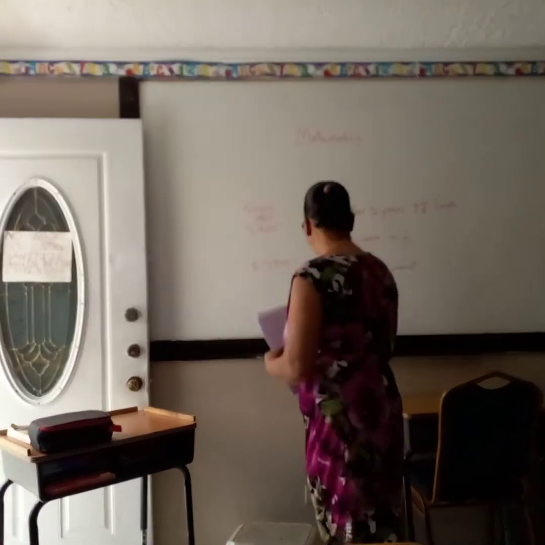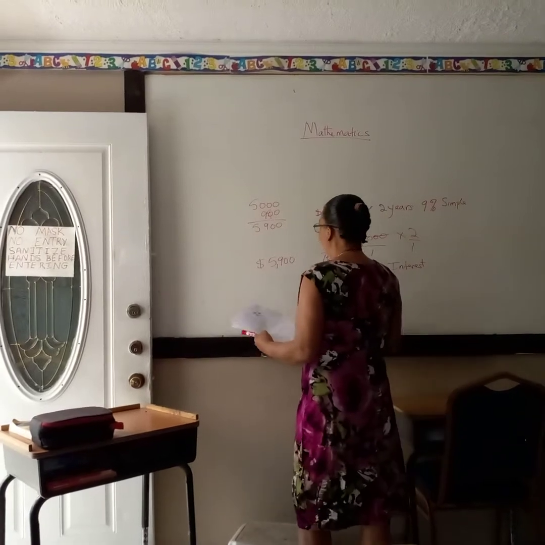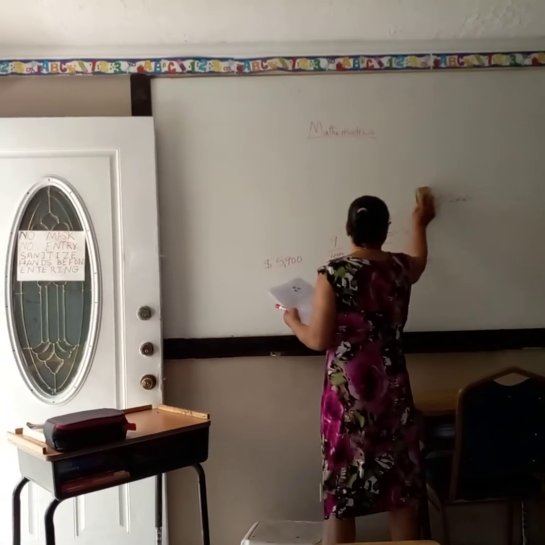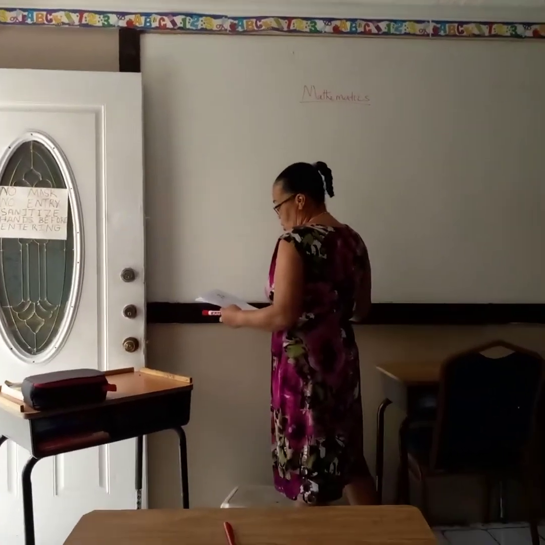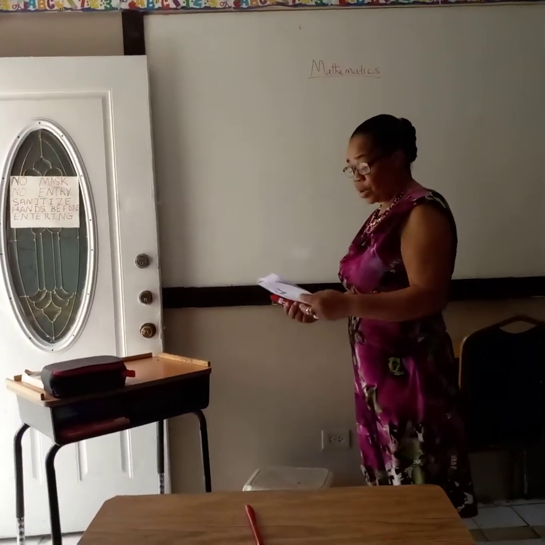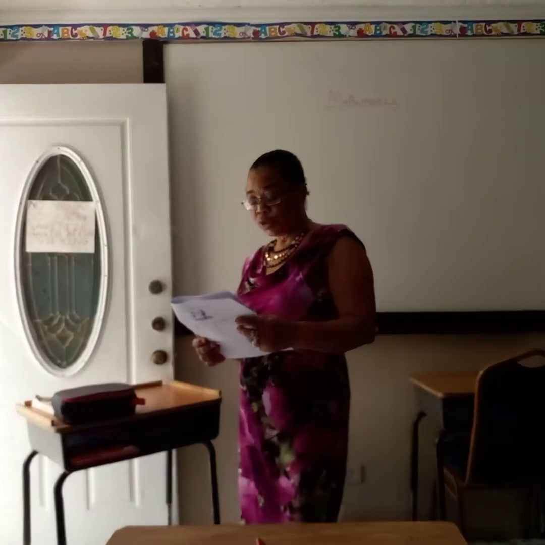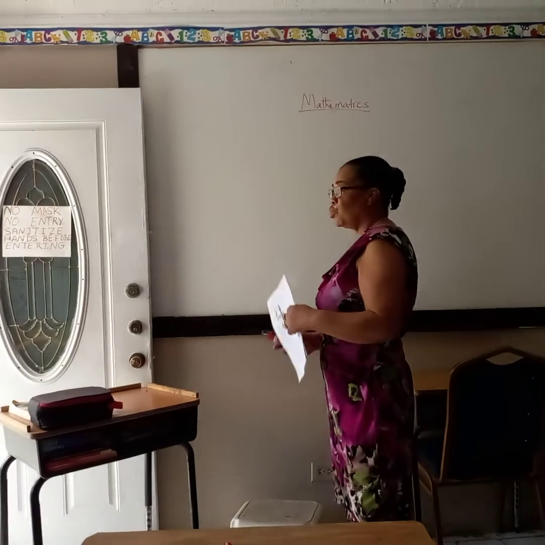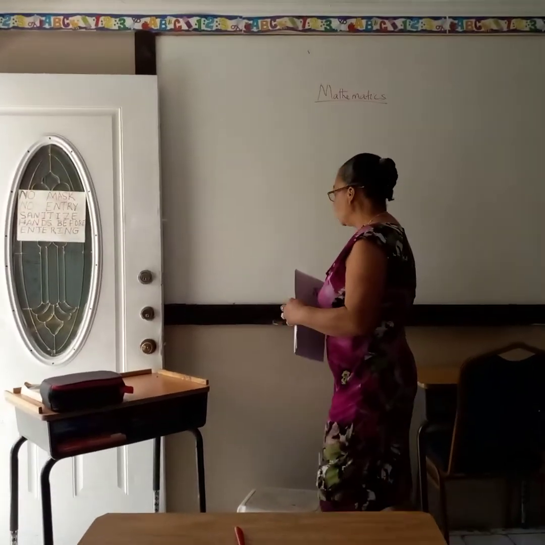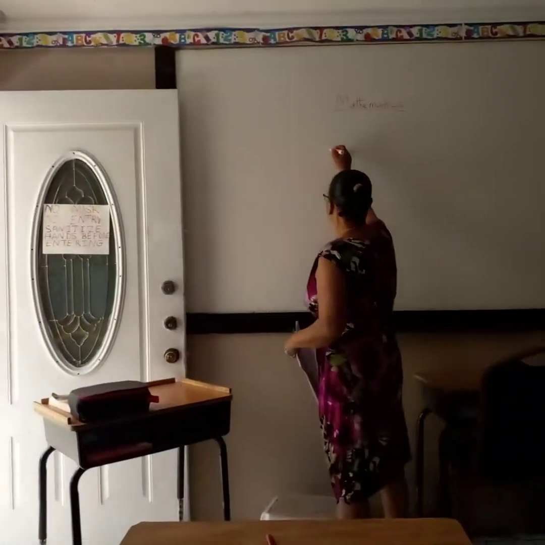Moving on. This paper shouldn't take us very long because it was a pretty easy paper and I didn't expect us to get anything incorrect on it. Here we go. 300 mangoes were shared between Bob, Mary, and Jill in the ratio of 2 to 3 to 1. Guys, this is important.